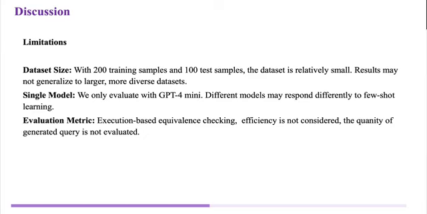The second is we only evaluate with GPT-4 mini, and different models might respond differently to few-shot learning. And finally, we only use execution-based equivalence checking. However, we did not evaluate efficiency, which can evaluate the quality of the generated query.